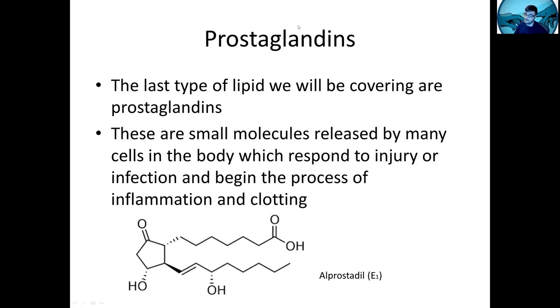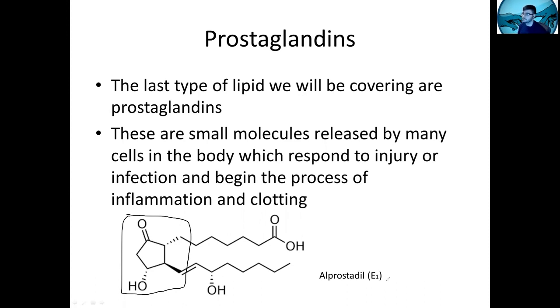Okay, again, always for lipids, the main thing to look out for, and the main thing that'll usually be different, is this part, the backbone. This is alprostadil, which is E1 in the cycle.